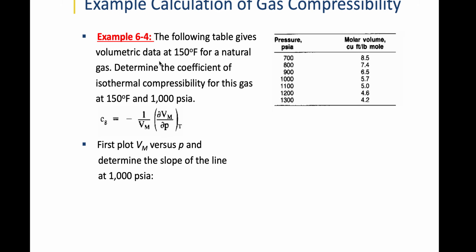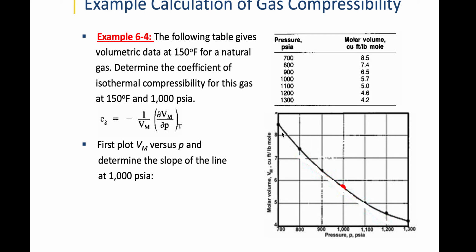So if I'm interested to find the gas compressibility at 1000 psi and 150 degrees Fahrenheit, at 1000 psi, the molar volume is 5.7, so I have that. Now I need to find the derivative of molar volume as a function of pressure at 1000 psi. For that, I can simply plot the molar volume as a function of pressure. And we know the derivative is the slope of the line at that pressure.